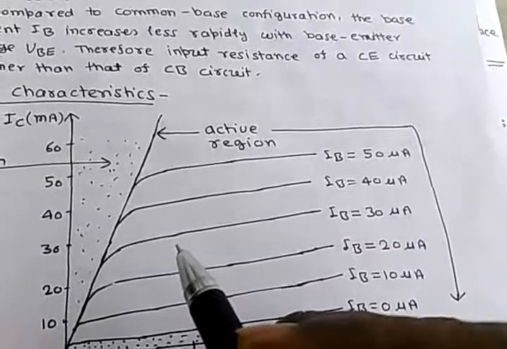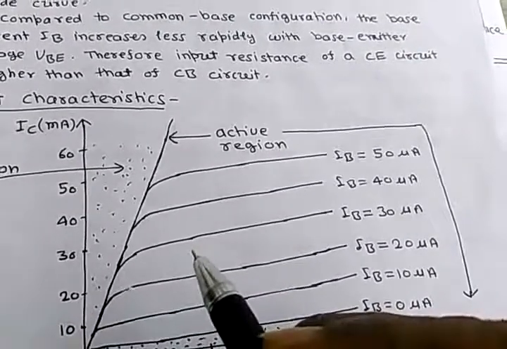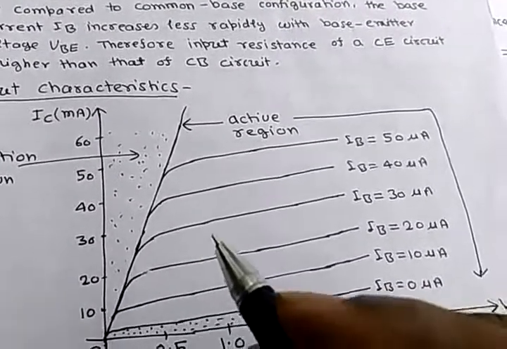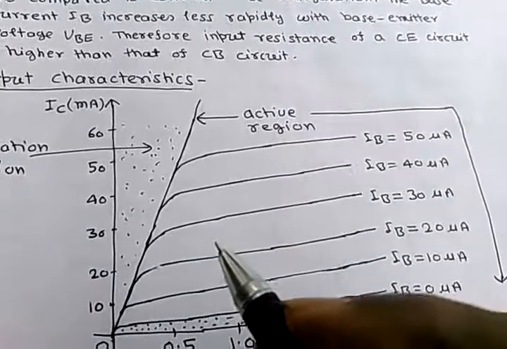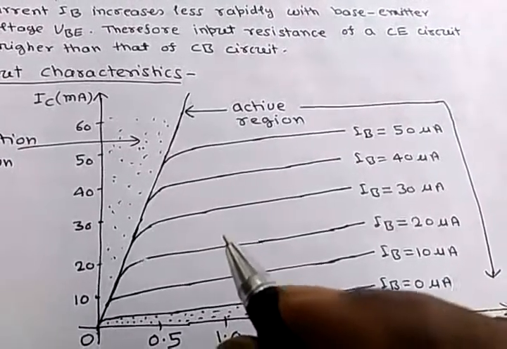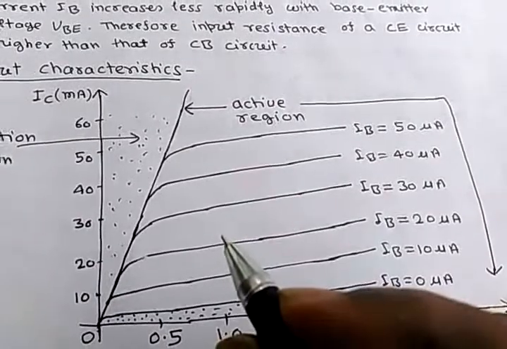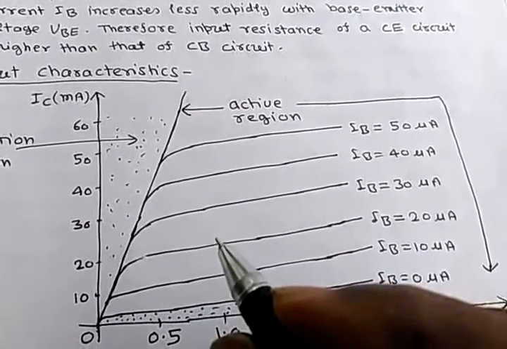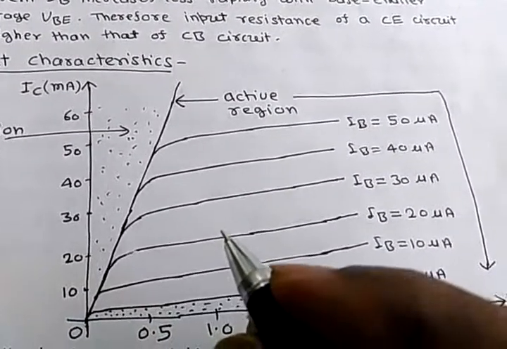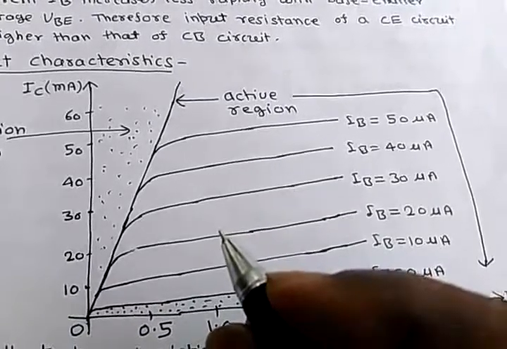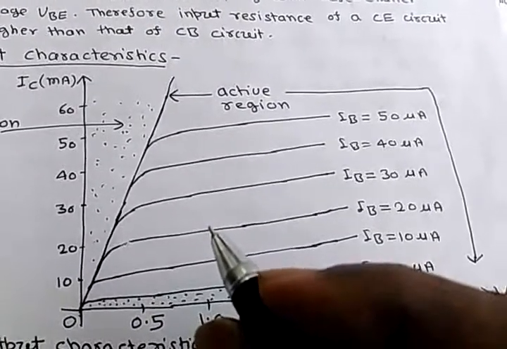In active region, the collector current is given by beta IB. So small change in base current will create large change in the collector current, because the value of beta is between 20 to 500.